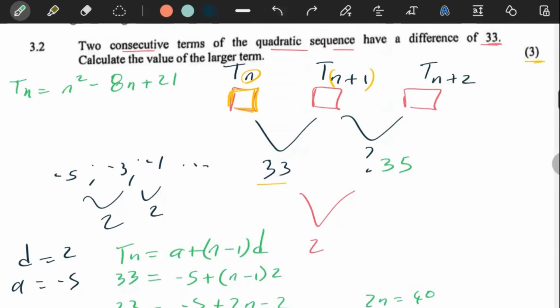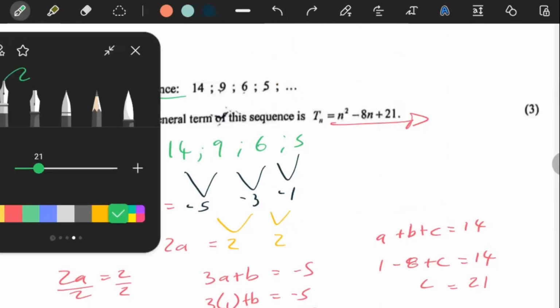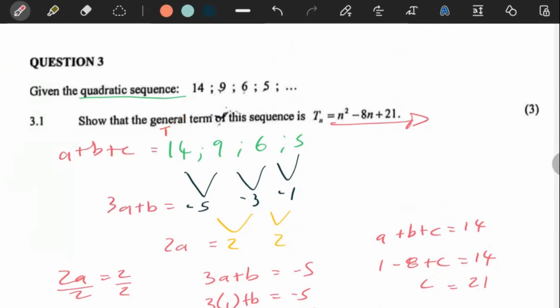So if you use your logic, look at this. If you look at it nicely, let me use the red pen. The term in position 1 and the term in position 2, the difference between these two is term number 1 for the sequence of first differences. Term number 3 and 2 produce term number 2 in the sequence of first differences.